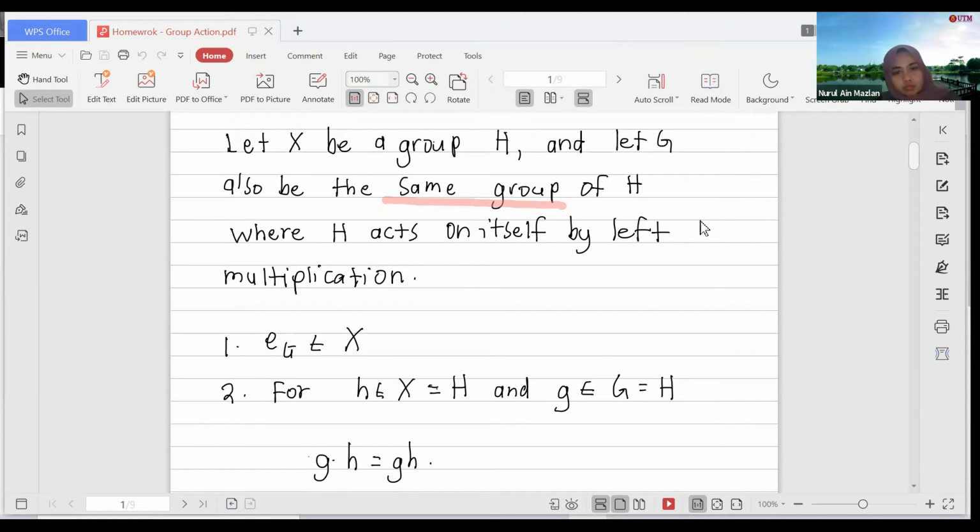So Ain has chosen X and G to be the same group H, right? So this is the group action from G cross X to X. E.X is X for all X in X.